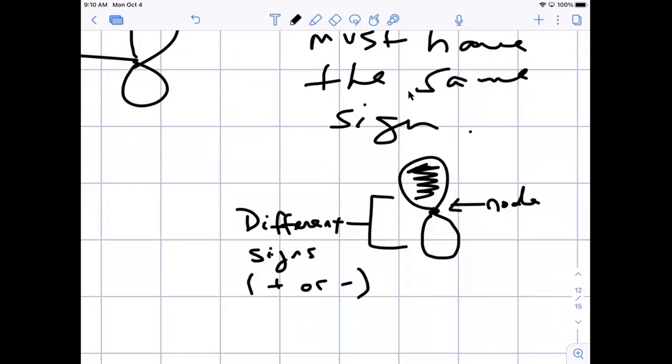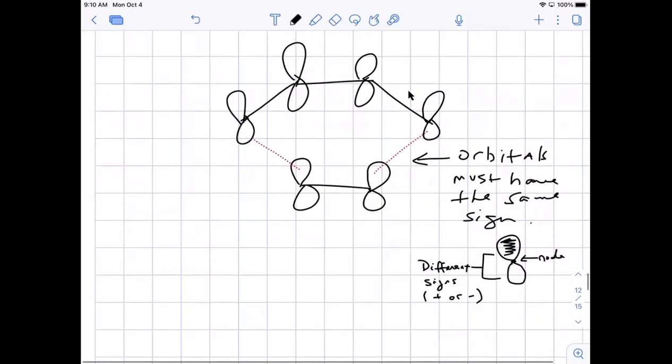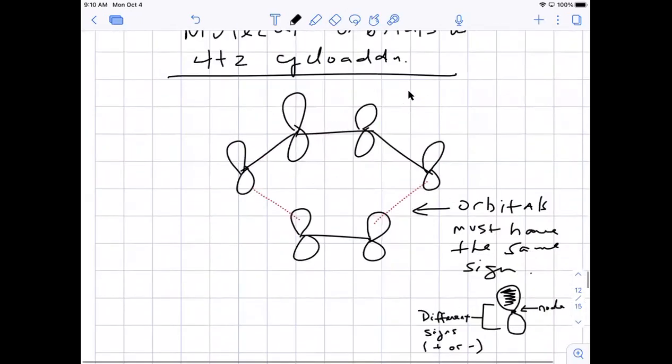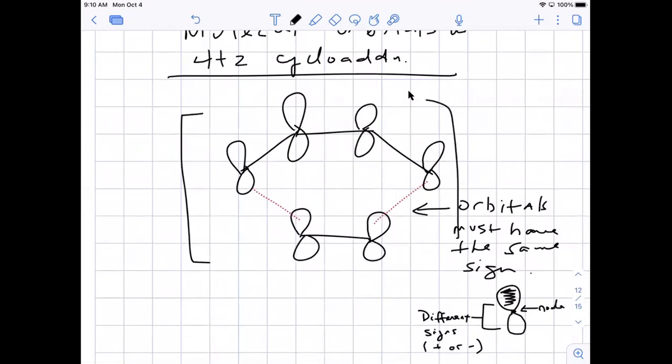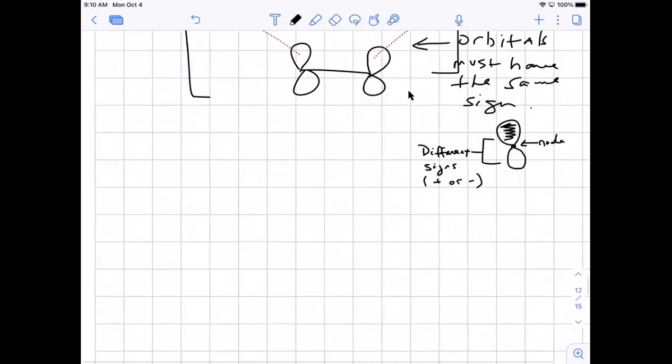So when we think about that in terms of the transition state for the 4+2, right, we have to think about it in terms of molecular orbitals. So we said that this is a 4-pi system. So the molecular orbitals look like this.